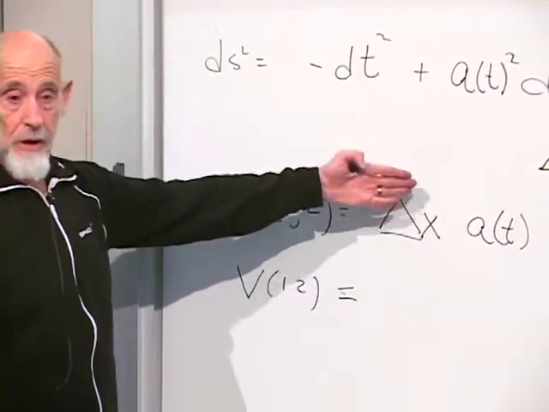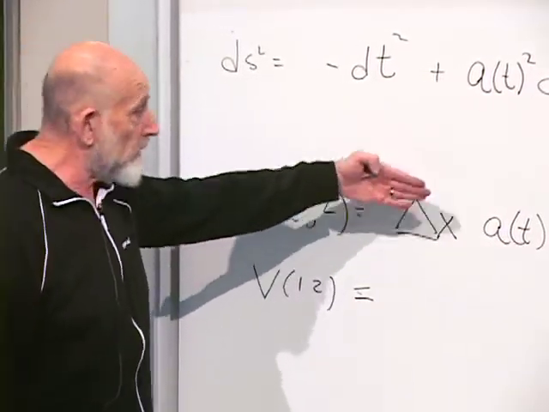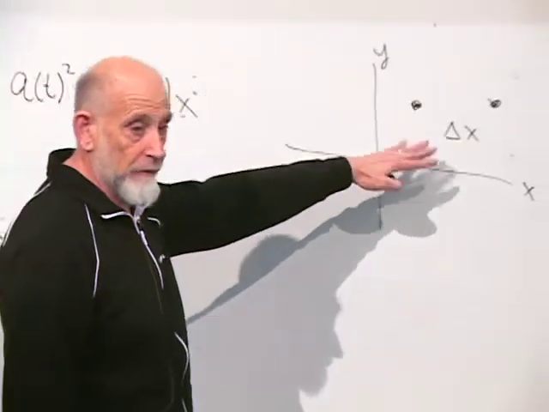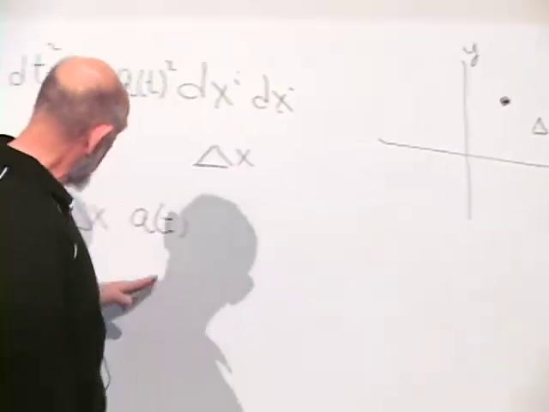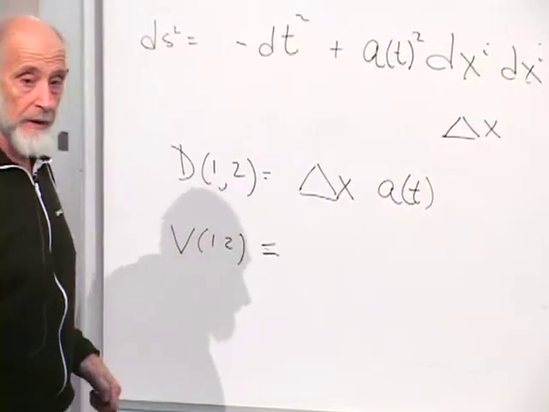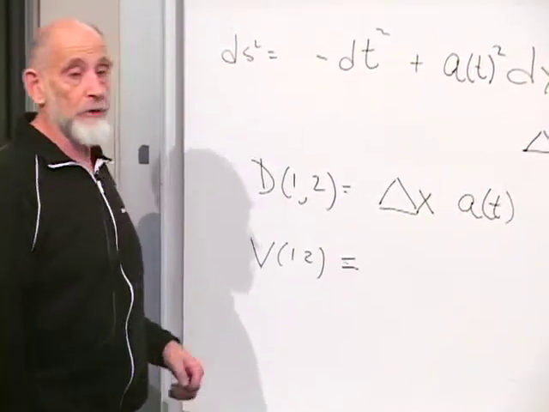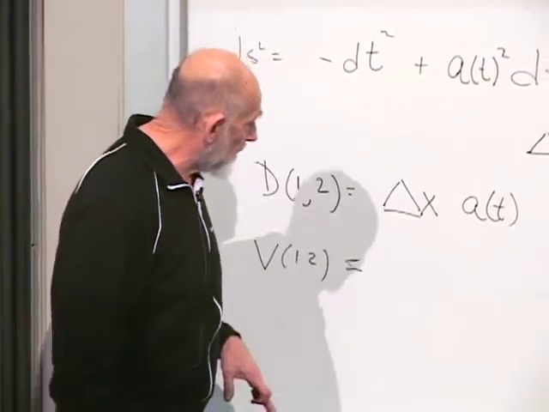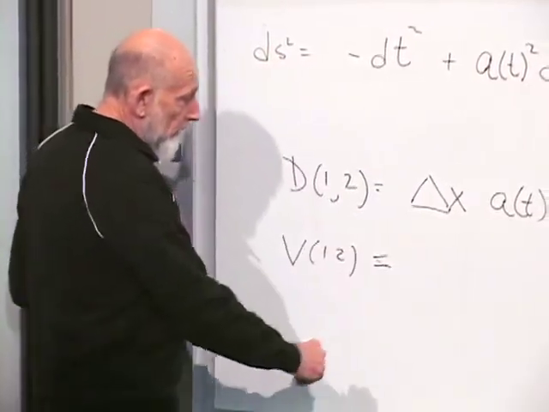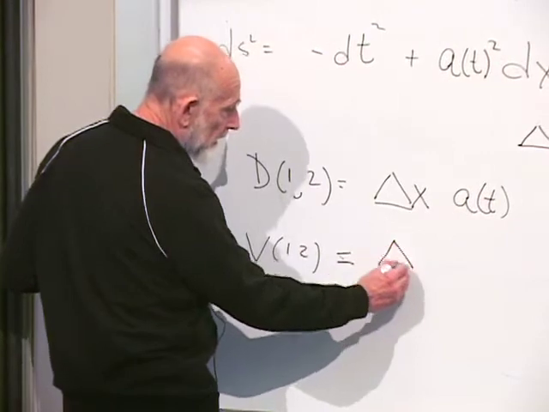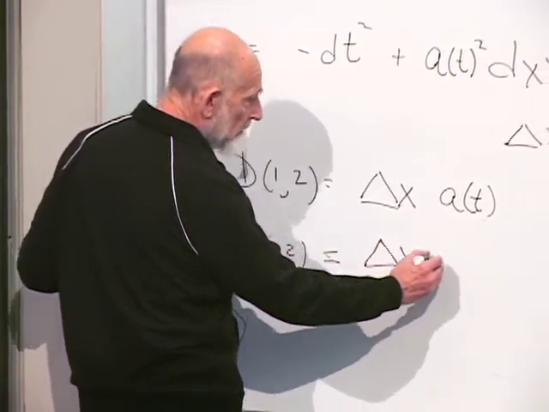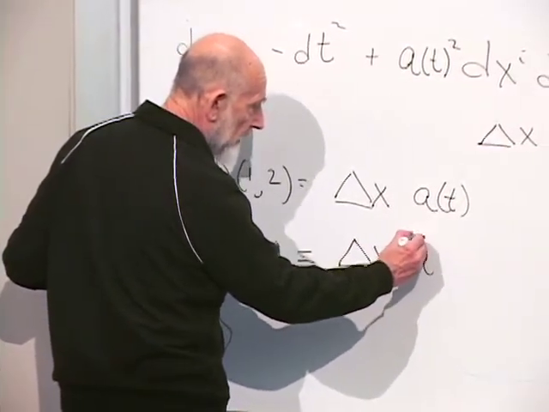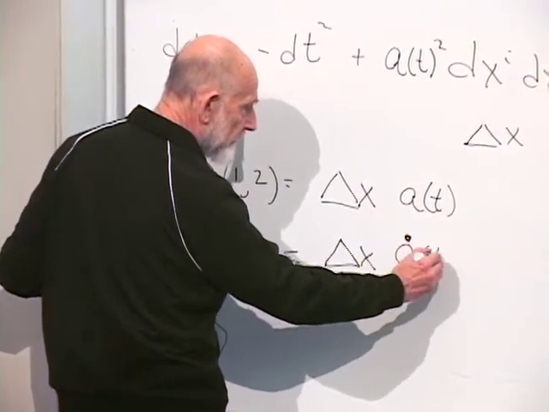Well, the x's are being kept fixed. So delta x, the difference of the x's, is fixed. That's not time dependent. The thing that's time dependent is a. In case I haven't said it, a is called the scale factor. It's the scale factor which is time dependent. That's the thing we differentiate, and so the velocity is delta x times, let's call it a dot, dot standing for time derivative.